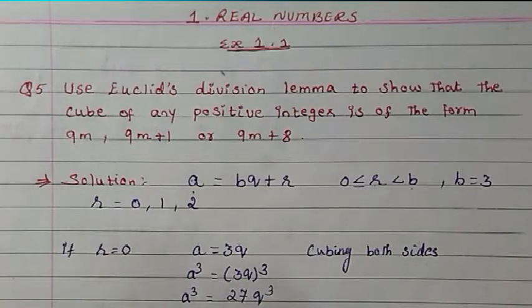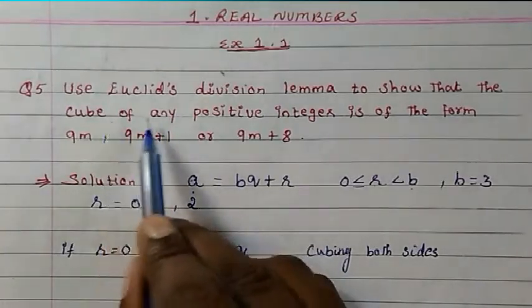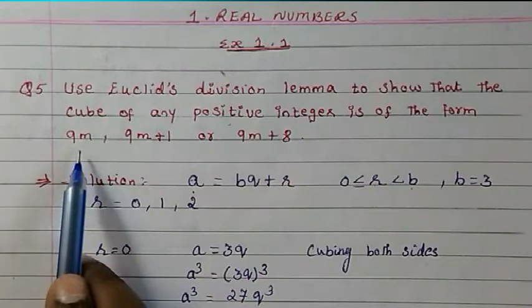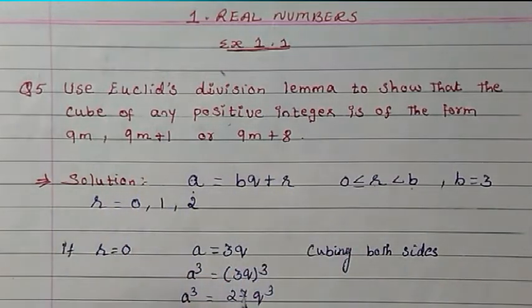Now what do we have to do? The cube of any positive integer, we have to write in the form of either 9m or the others. So we write it in terms of 9.